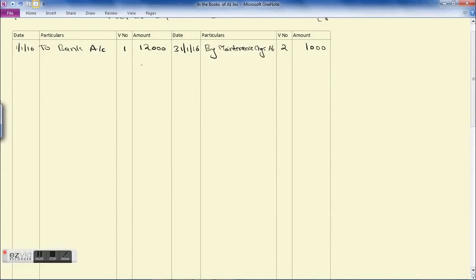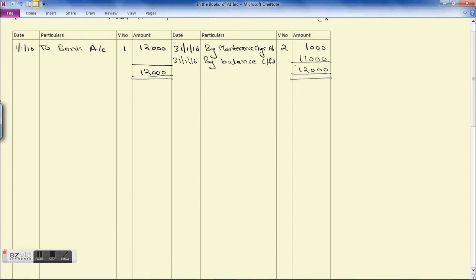So now the next entry is on February. So we'll close the books of accounts and carry the balance forward. Prepaid expenses account, 31/1/2016 by balance carried forward.